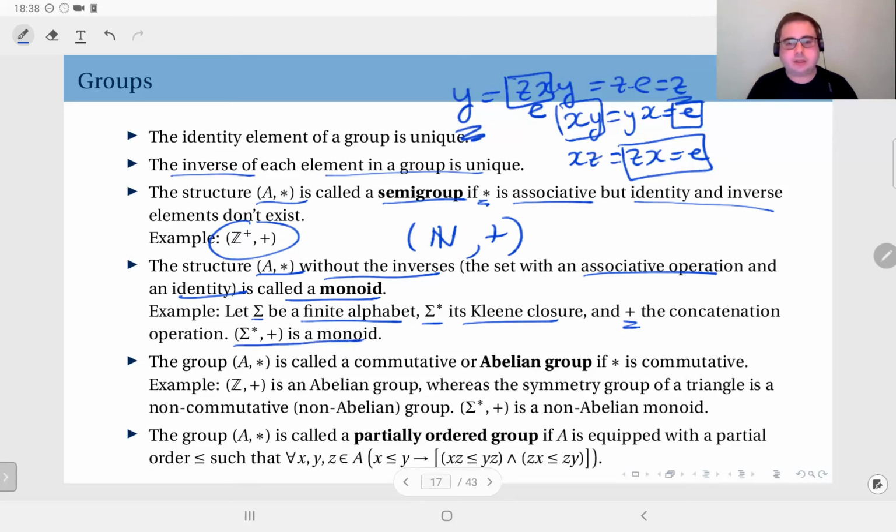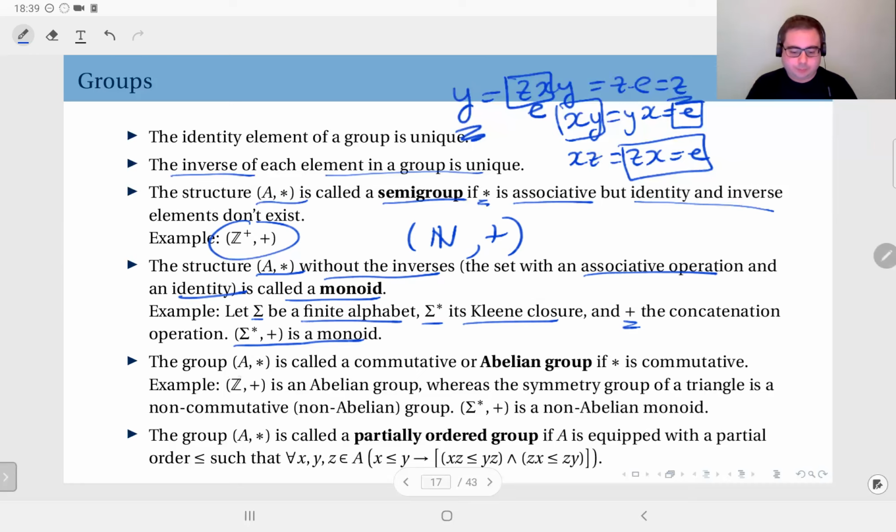This structure is a monoid because concatenation operation is associative, and you also have the identity element, the empty string, but you do not have inverses because by concatenation you cannot obtain the empty string from a non-empty string. You do not have inverses.